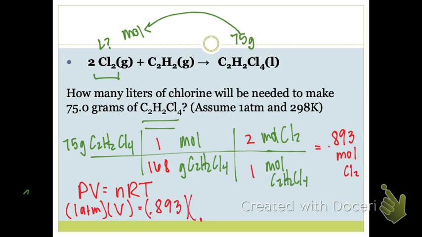What's my R value always? Yep. 0.0821 and then 298. So I'm going to solve here for my volume. And we get a value of 21.84 liters.